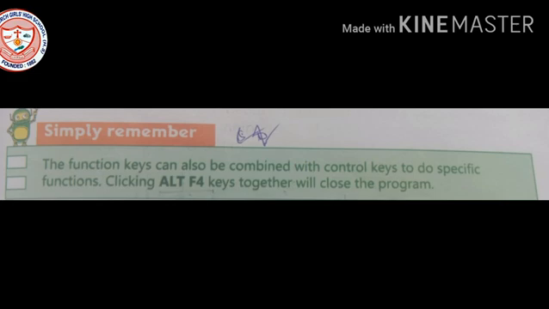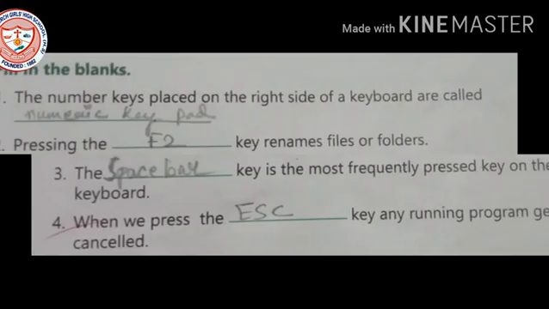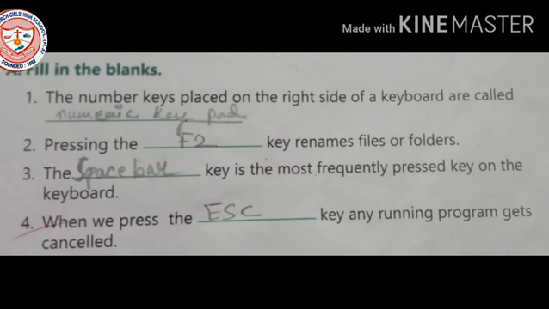Number A, fill in the blanks. The number keys placed on the right side of a keyboard are called numeric keypad. Pressing the F2 key renames files or folders. Number 3.